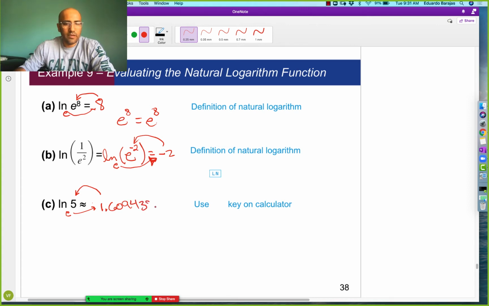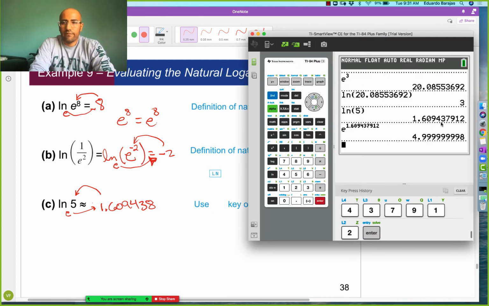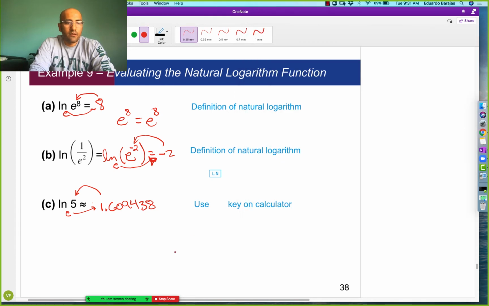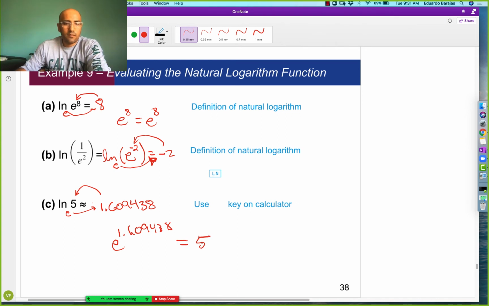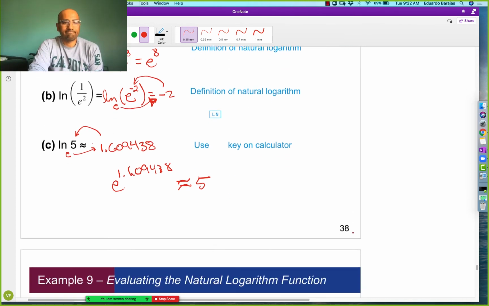Right, and that's because e to the power of 1.609438, oh, that's really bad, equals approximately 5. Approximately. Any questions?